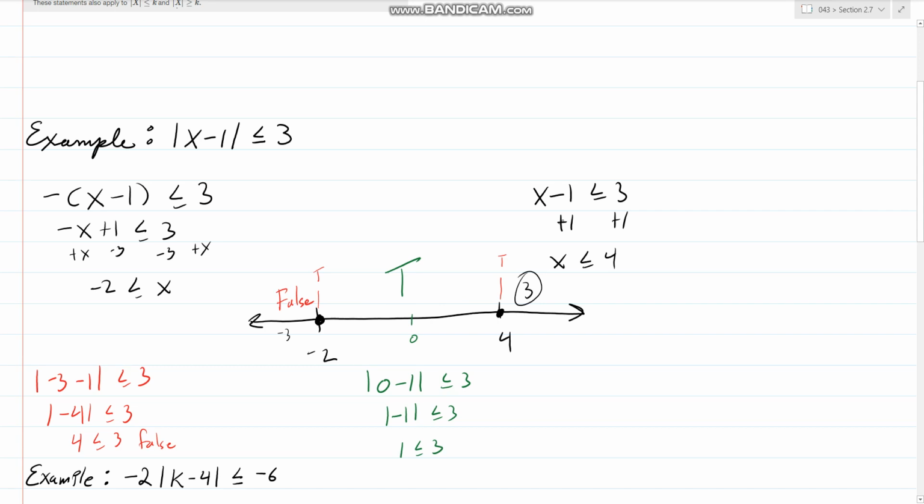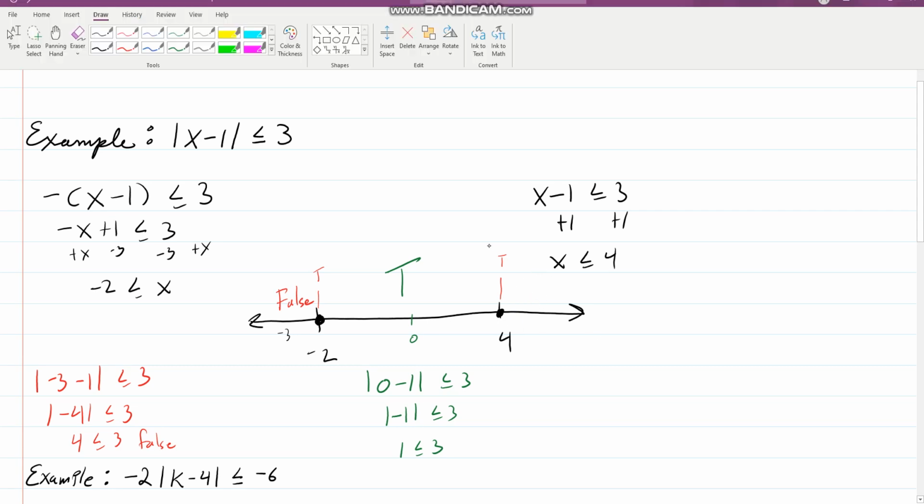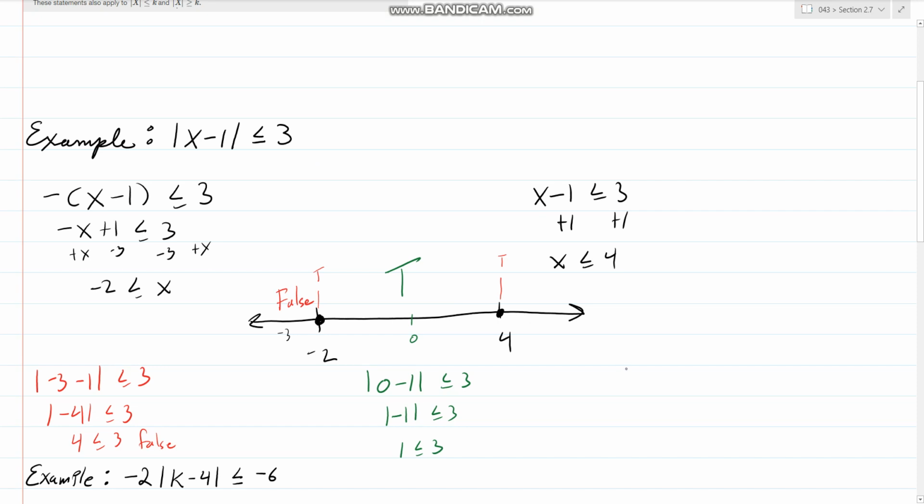Now what about region 3? What about numbers that are greater than 4? I need to think of some number greater than 4. How about 5? Let's try 5. If x was equal to 5, you have the absolute value of 5 minus 1 less than or equal to 3.